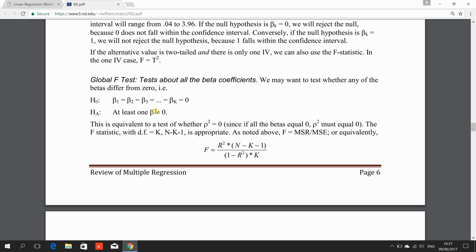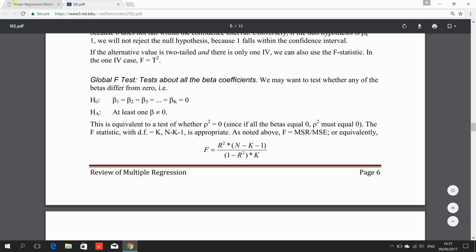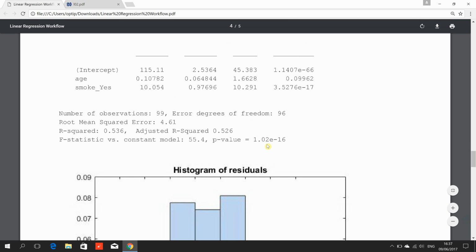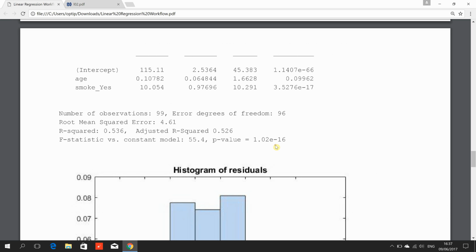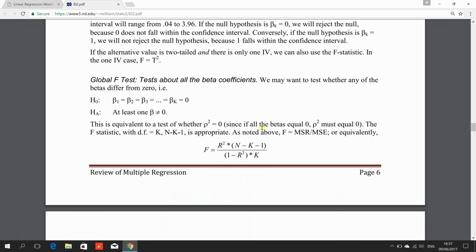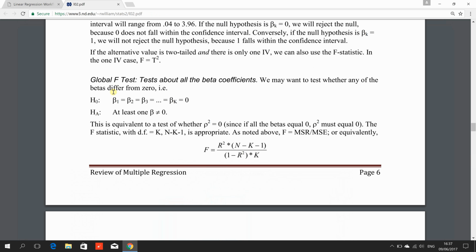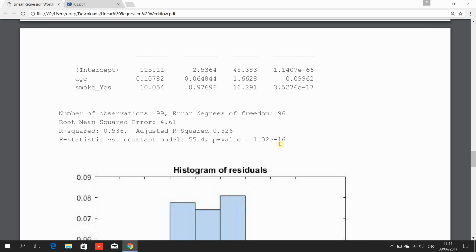So if we just go back to here, just to pause for breath a little, the p-value is 1 by 10 to the minus 16. Well, not 0, but very, very close to it. So what's that saying in English? Remember here, smoke and age, so there are only two predictors. The probability of B1 equals B2 equals 0 is 1 by 10 to the minus 16.